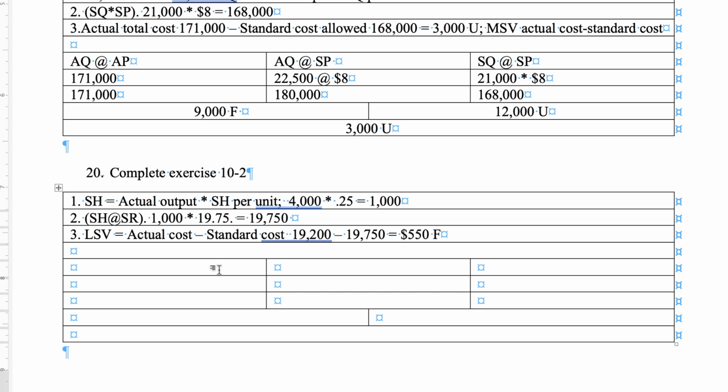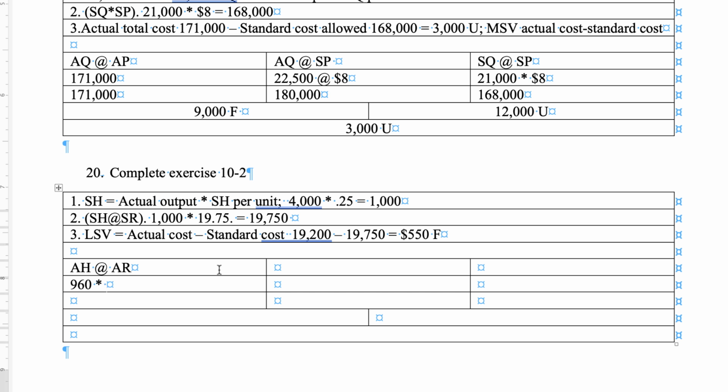We know we need the actual hours at the actual rate. Well, what are the actual hours times the actual rate? Well, they give us the number. They tell us, hey, the actual direct labor hours that we used were 960.